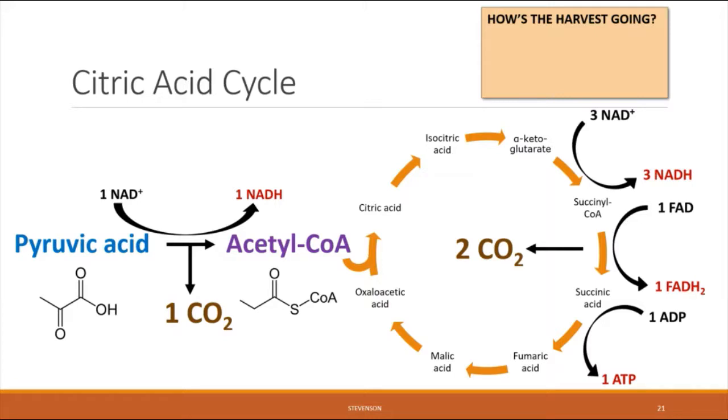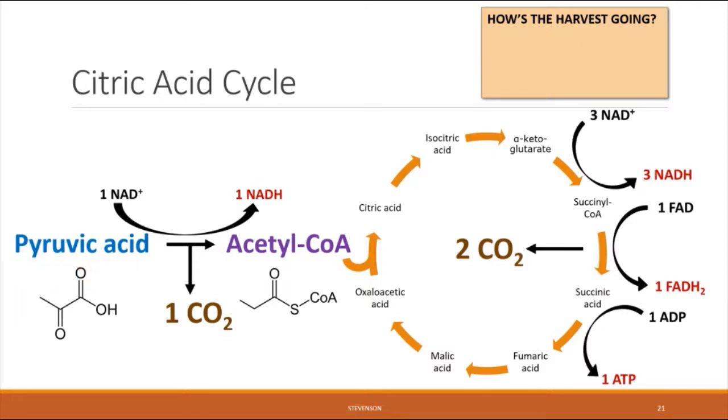Now, when you consider the fact that in glycolysis, we saw glucose get broken down into two pyruvic acids when it was split in half, we know that for every glucose molecule that starts this process off, everything that you see on the screen here must happen twice because there are two pyruvic acids that come out of glycolysis.